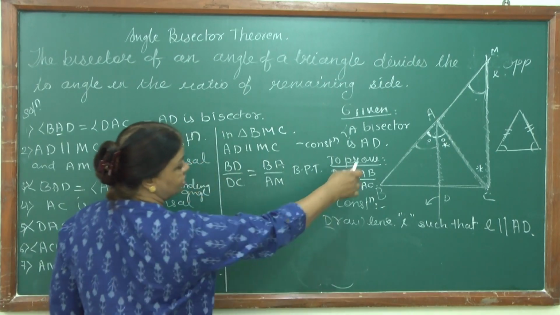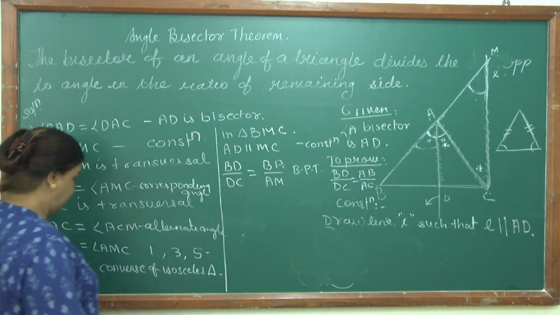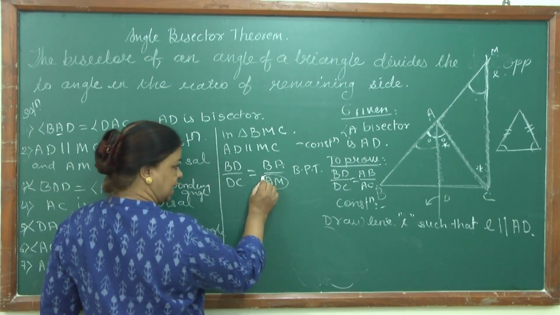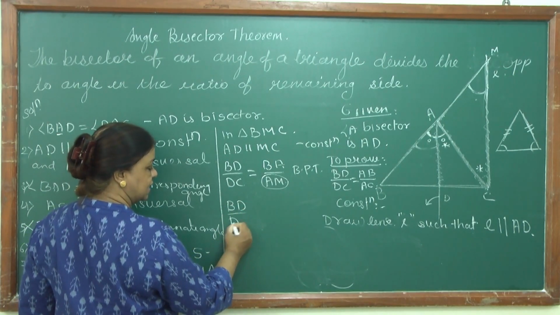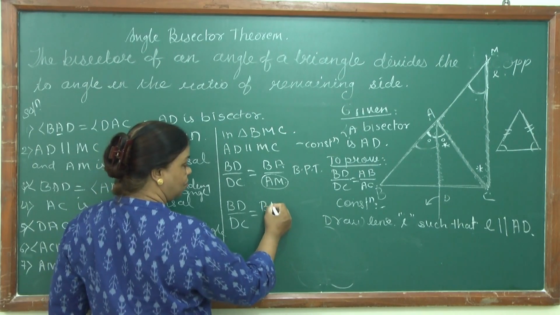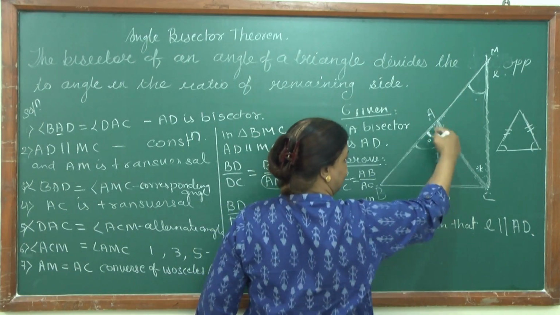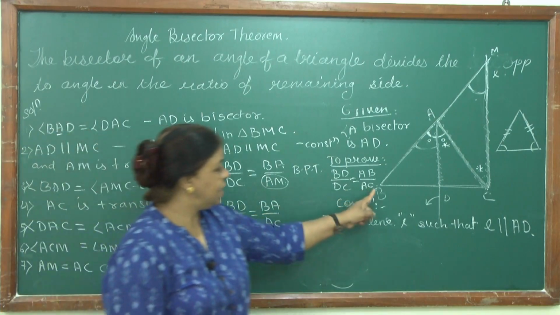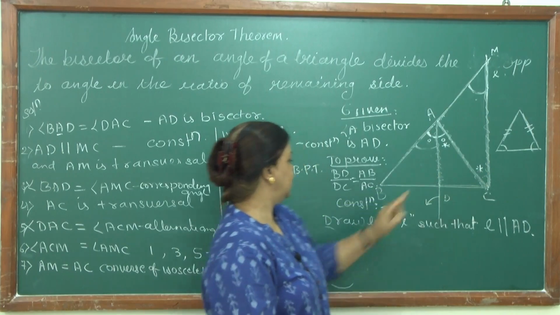Now look at the figure children, BA upon AM. But here we have got AM is equal to AC. So in place of AM, I can write AC. So in the next statement I will get BD upon DC is equal to BA upon AC.